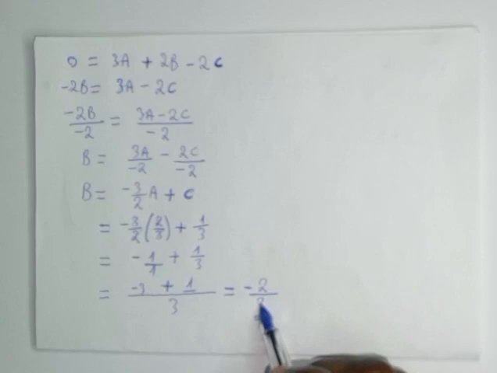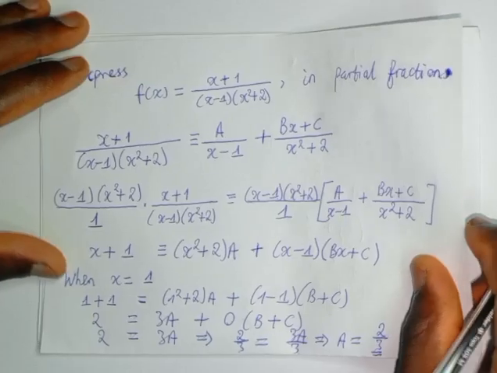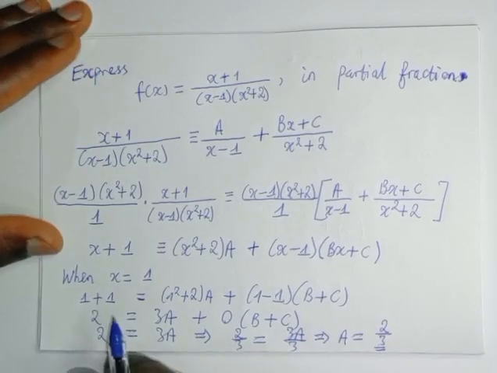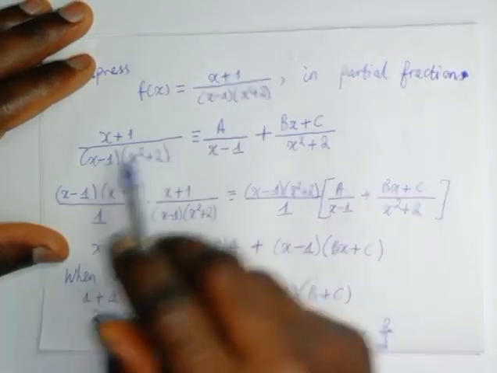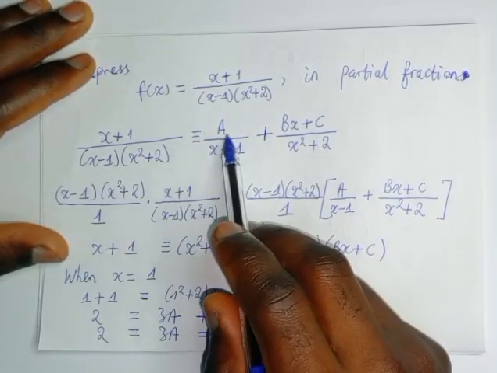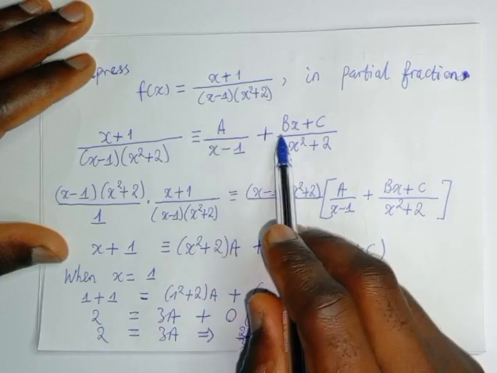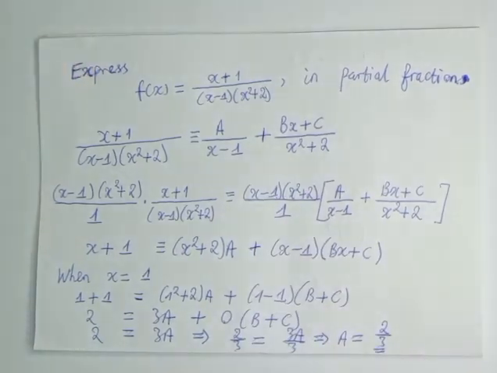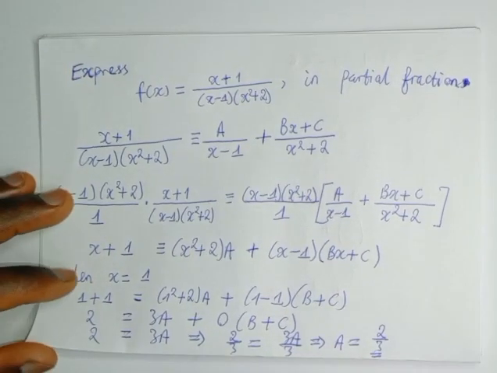b is negative 2/3. Now we can express the given fraction as a partial fraction. For us to express the given fraction as a partial fraction, we are simply going to replace the constants a, b, and c by their calculated values. That's all we are going to do.